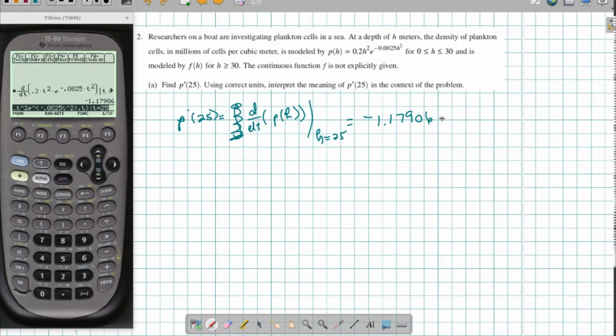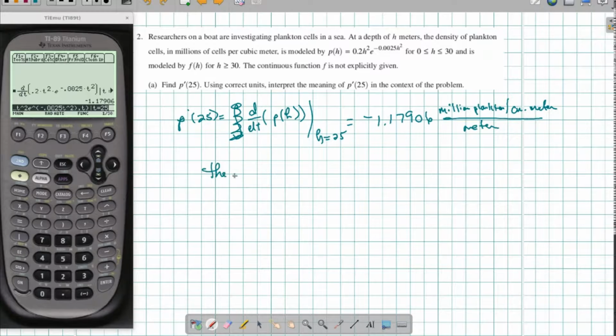1.17906. And keep in mind that this is a rate of change, so this is going to be million plankton per cubic meter per meter.